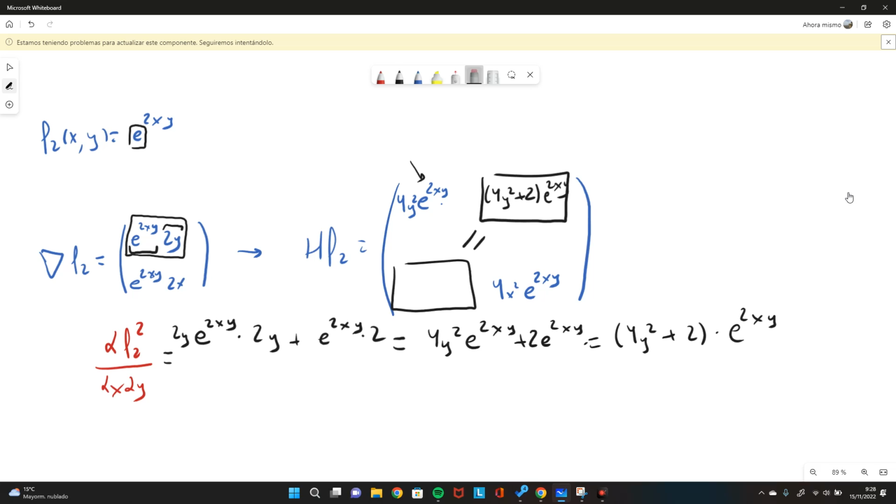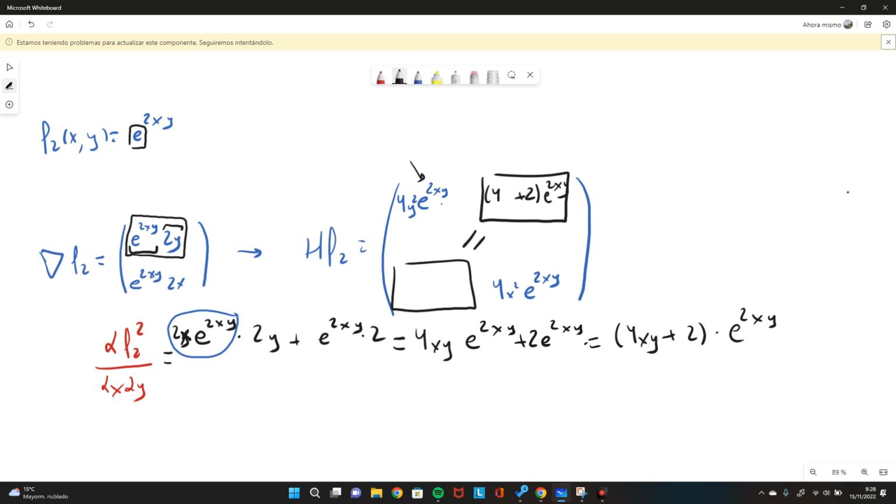The mistake is that when I apply this part of the derivative here, what I had to bring down was not 2y, it was 2x. 2x, okay? Because what comes down here is actually 2x. So this is not 4y squared, this is actually 4xy. And so here it's 4xy, and here it's 4xy.